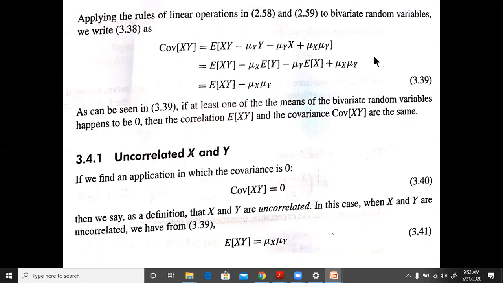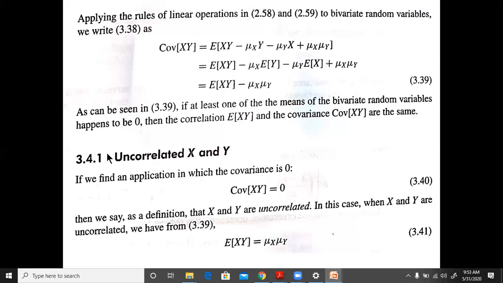E of a, small a, will be a itself. So this is nothing but mu y, and this is nothing but mu x. Therefore one of the terms cancels, and only one term remains: E of XY minus mu x mu y.